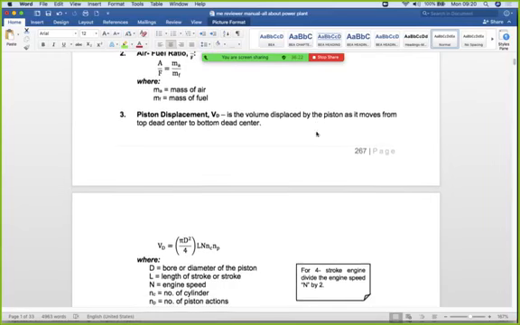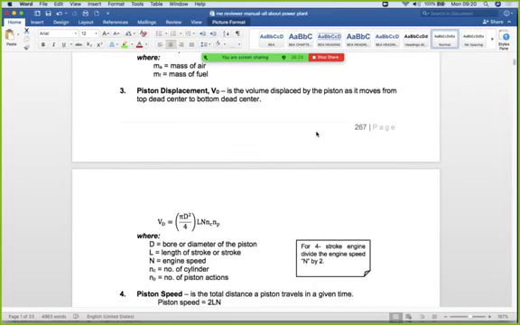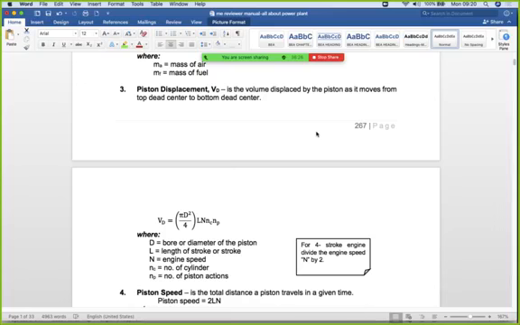We go to piston displacement. What is piston displacement? It is the volume displaced by the piston as it moves from top dead center to bottom dead center.